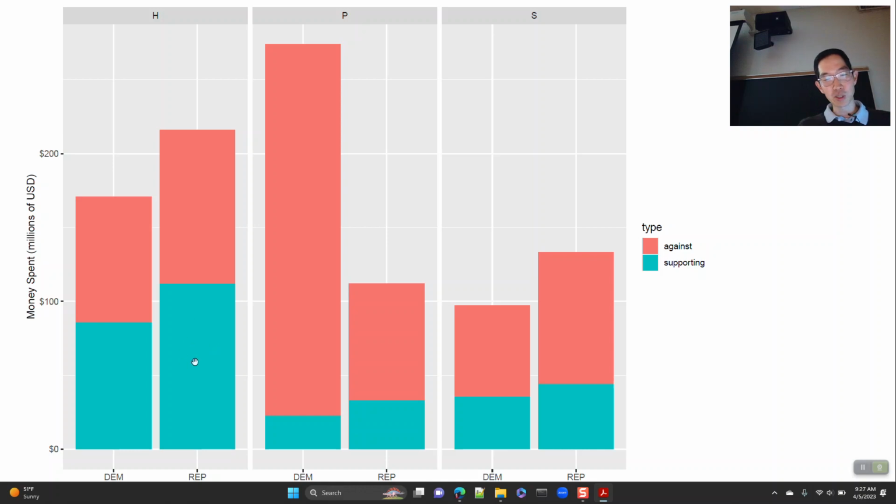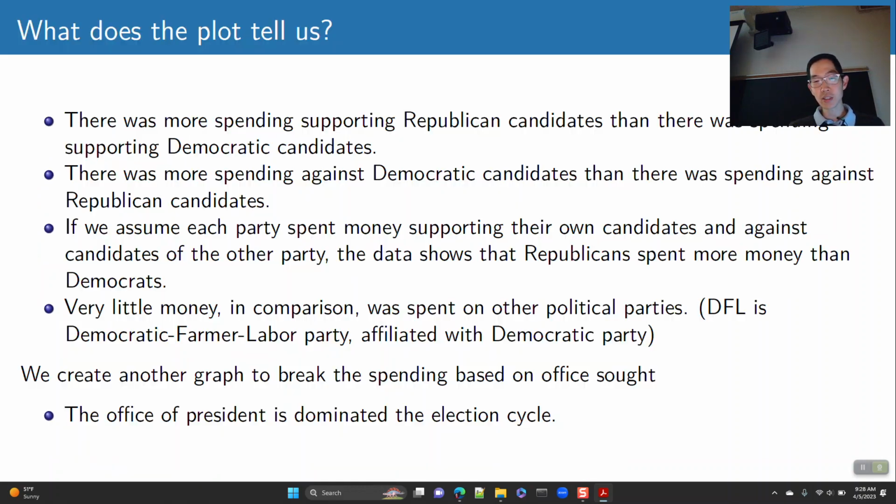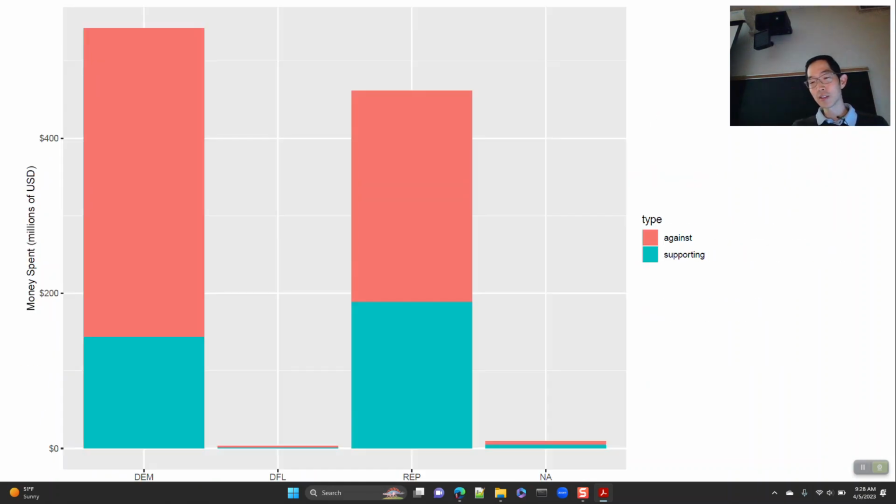We see there's more pro-Republican money for House races than Democratic races, and for the Senate, there's actually more anti money going against the Republican Senate races. So this gives us a little bit more insight as well, right?